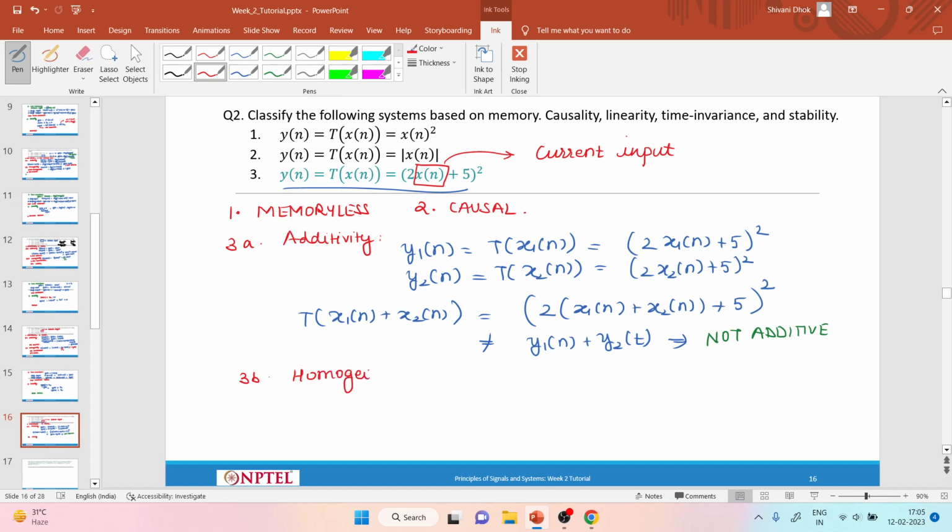Let us look at homogeneity. For that, let us look at C times x of n, that is the scaled version of the input.